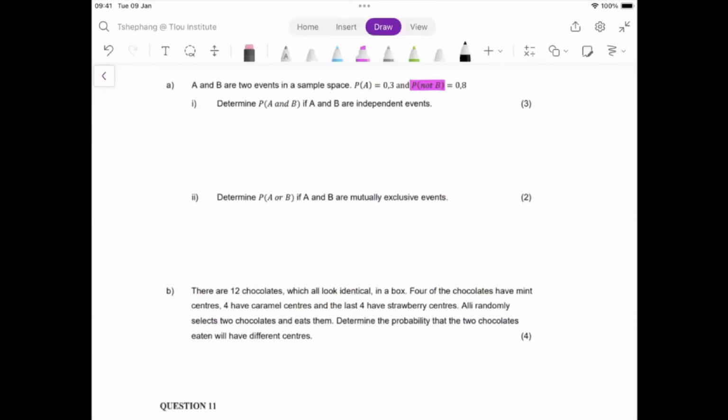We want to determine the probability of A and B. Now we have discussed these thoroughly. So I'm going to give you guys just 45 seconds to quickly try to get an answer for A1. Then we're going to discuss it together.